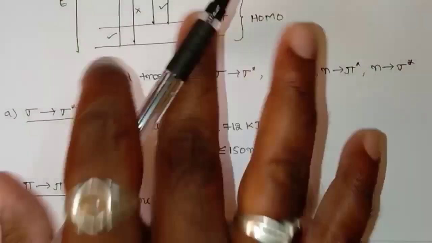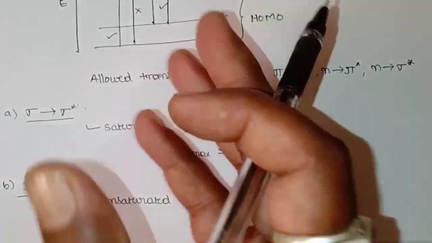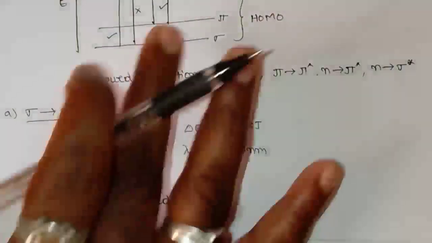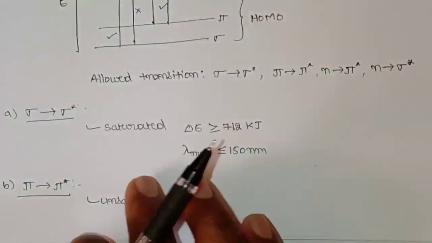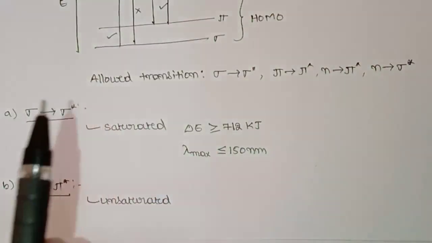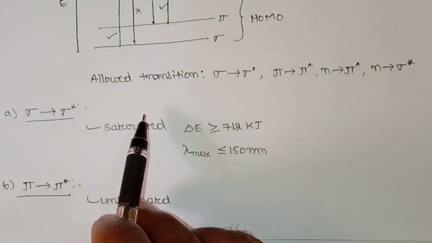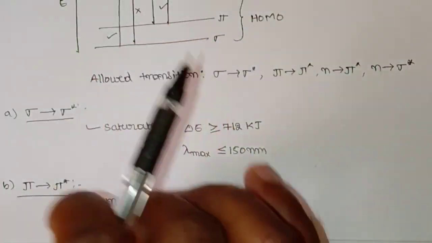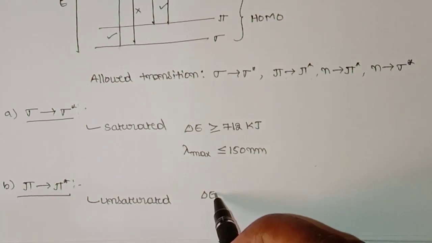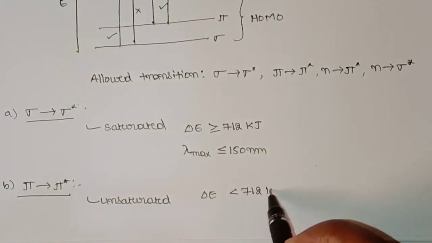The best examples for this pi to pi star transition are alkenes, alkynes, all the carbonyl compounds, cyanides as well as azo compounds. All these will give the pi to pi star transitions. And this pi to pi star transition requires less energy than the sigma to sigma star transition, but the wavelength will be a little higher. For this pi to pi star transition, the amount of energy required will be less than 712 kilojoules.